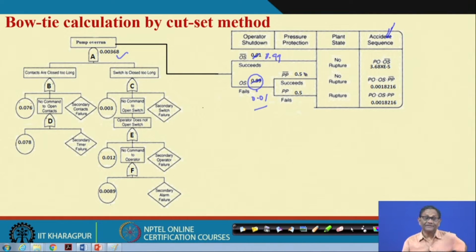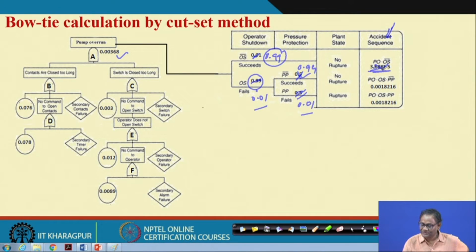And in this case 0.5 and 0.5, meaning under overpressure condition. These are very hypothetical values given, but it is always better. This is a very poor design. It may also be 0.99 and the failure will be 0.01. Then what will happen? 0.00368 multiplied by this will give you the probability of this.